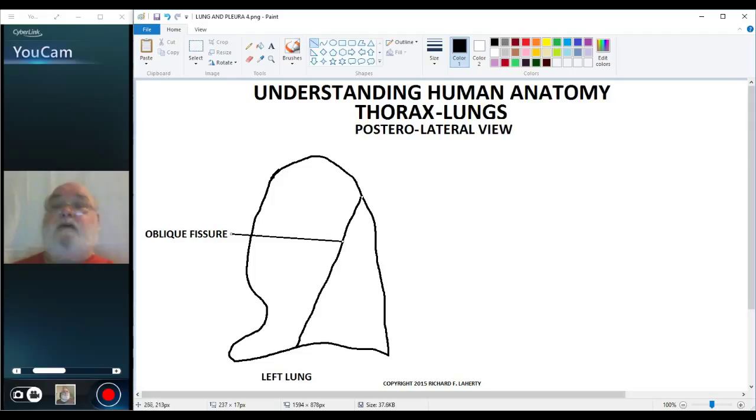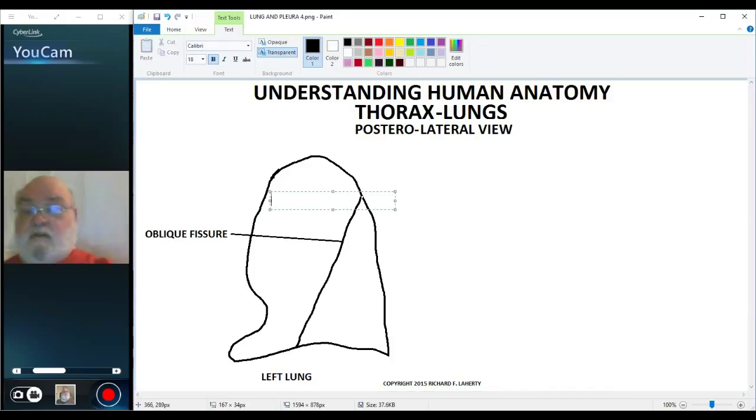And the oblique fissure divides the left lung into a superior lobe and an inferior lobe.